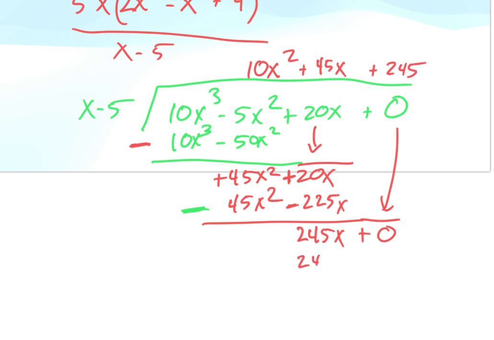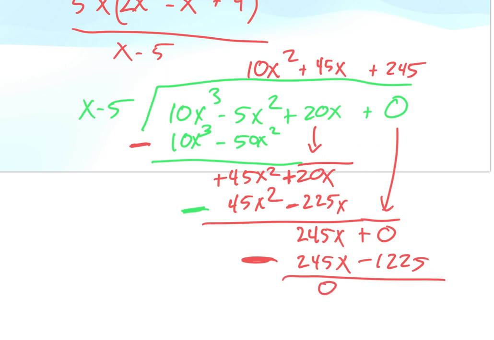So this will be 245x minus, and now I need someone with a calculator to tell me what's 245 times negative 5. So that's 1,225. I subtract.